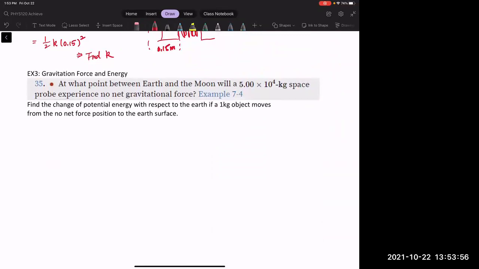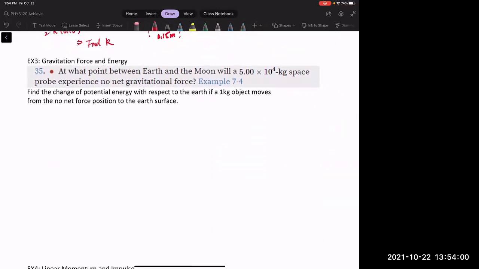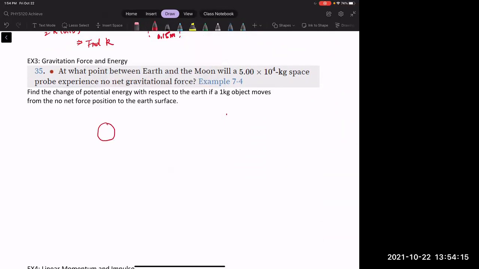The next one is about the gravitational force and energy. The problem is given in this way. We might give you the Earth and Moon, we might give you different things. So you have two objects, let's say two circular objects, one like this and the other one like this. And they tell you they're going to put a third object somewhere like this.